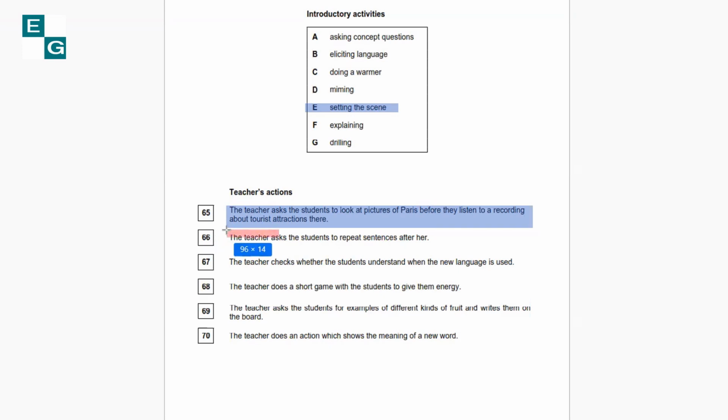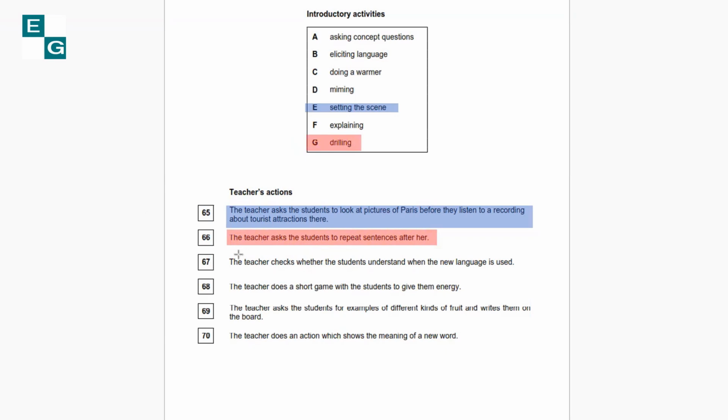And then it says the teacher asks the students to repeat sentences after her. If you do this, you would be drilling. Drilling means having students repeat what you say.